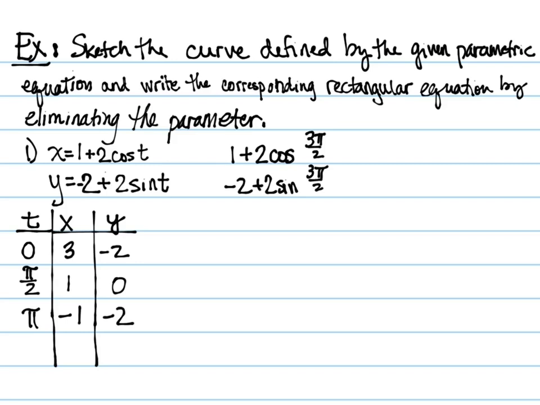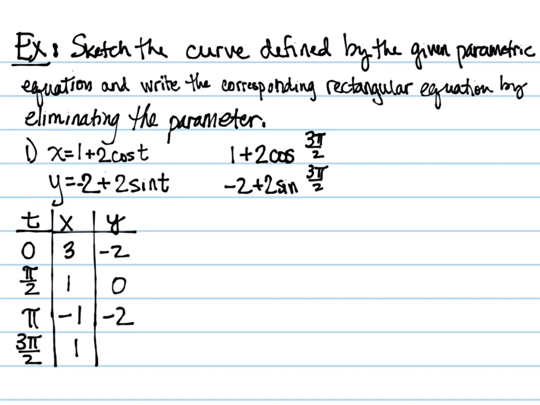Yeah, we're going to do one more after that just to show that it cycles back to itself. So if I put 3 pi over 2, what is the cosine of 3 pi over 2? That's 0, right? And then I've just got the 1 at the beginning. And what if I do sine of 3 pi over 2? Negative 1.